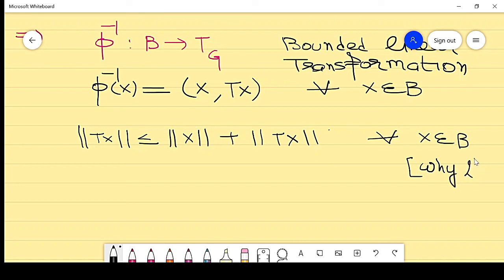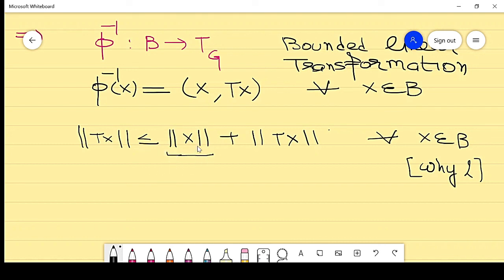First understand. I write it because this is some positive number. If I add some positive number to this, it will always be greater than or equal to itself. If it is 0, then equal, otherwise greater.